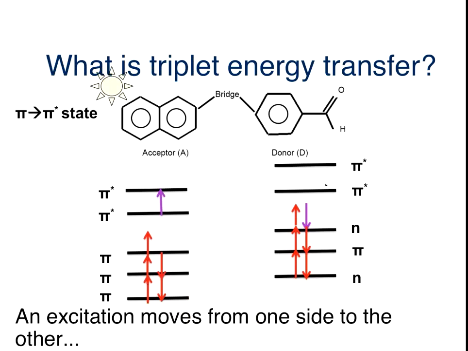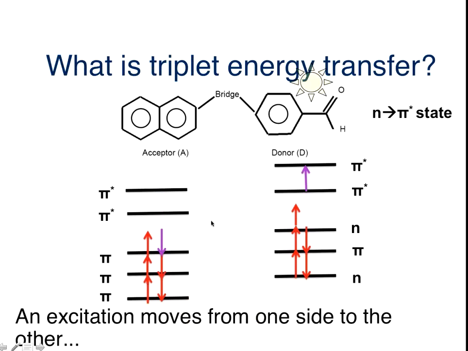Okay, so in this experiment, you have one electron over here going to move over here, and one electron over here going to move over here. So there's never a net dipole moment for the system. It's energy transfer in the sense that you have a triplet over here moving over to here. Now, what would an electron transfer be?